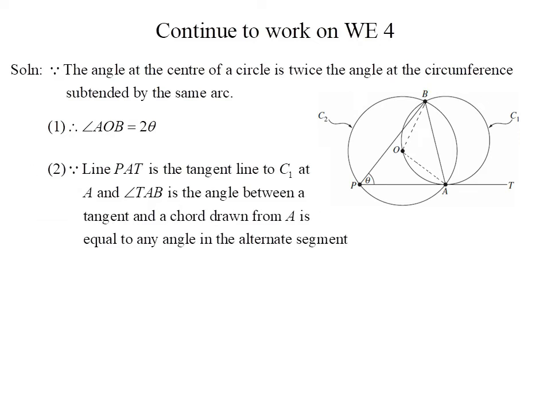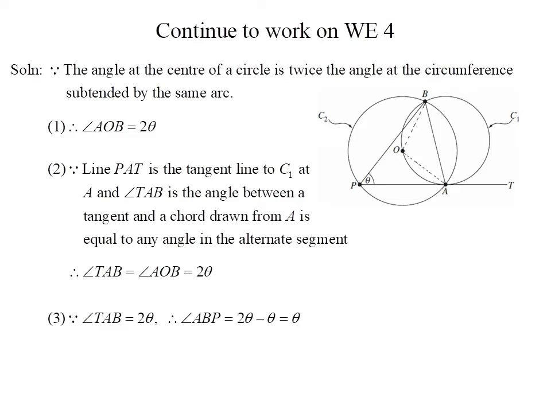As for question 2, since the line PAT is the tangent line to the circle C1 at the point A, angle TAB, the angle between a tangent line and a chord drawn from the point A, is equal to any angle in the alternate segment. Hence, the angle TAB equals angle AOB, which equals 2 theta.